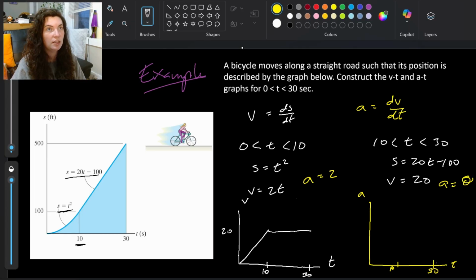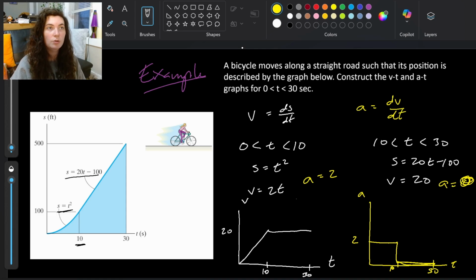There's actually no acceleration from 10 to 30 seconds. So that one's really easy to draw. We have our constant acceleration at 2, and then at 10 seconds, that drops down to 0. No acceleration between 10 and 30 seconds.